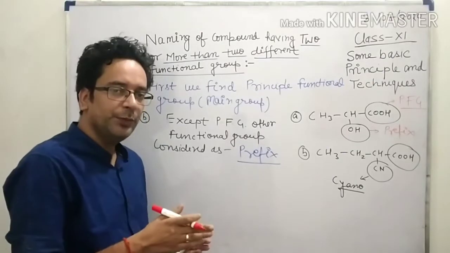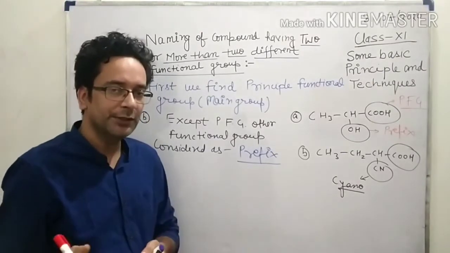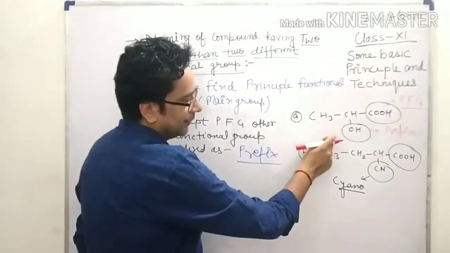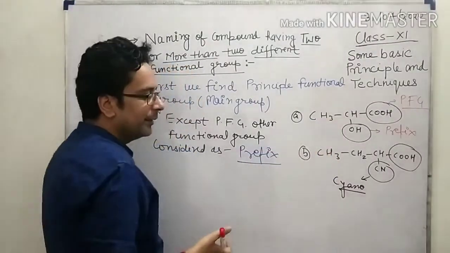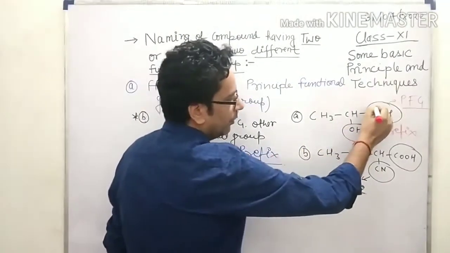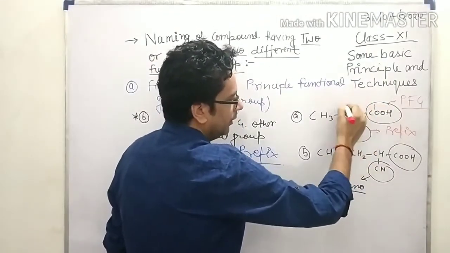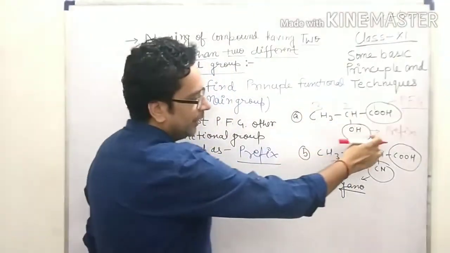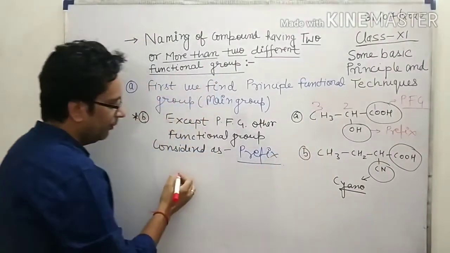If the functional group is used as suffix then there is some other word. So look here, in this case, how can we give the numbering? Look here, 1, 2 and 3, and this one is used as a prefix.